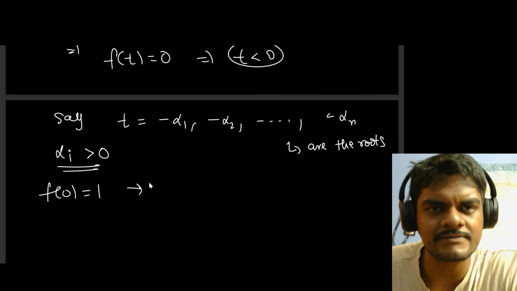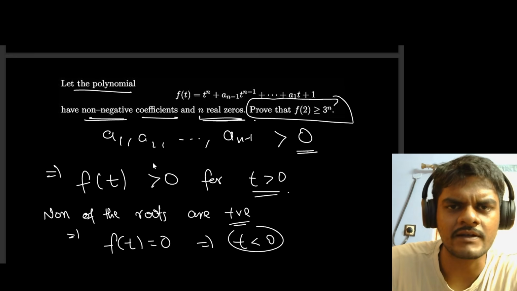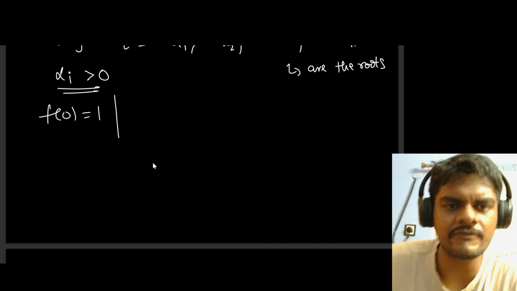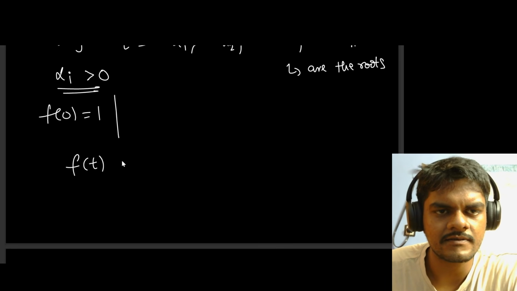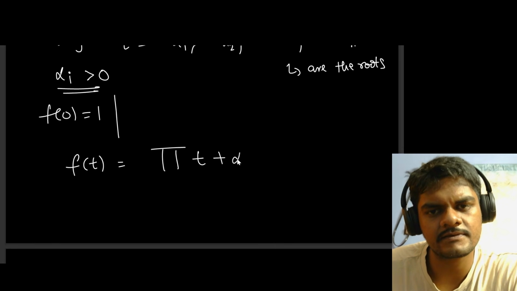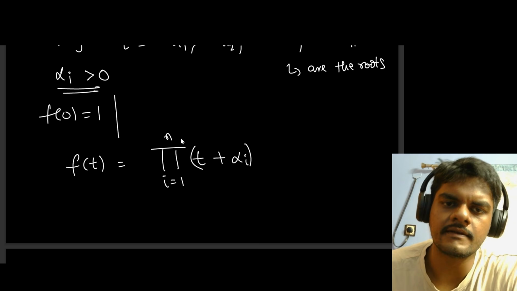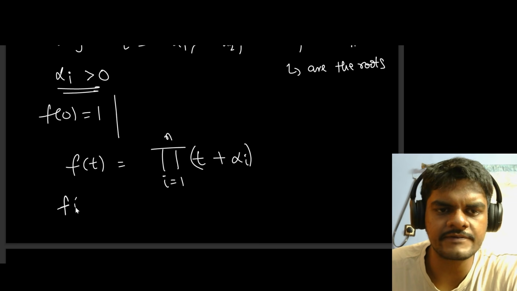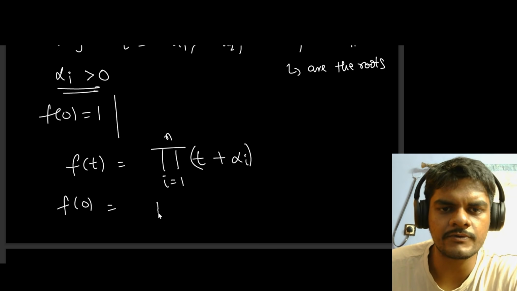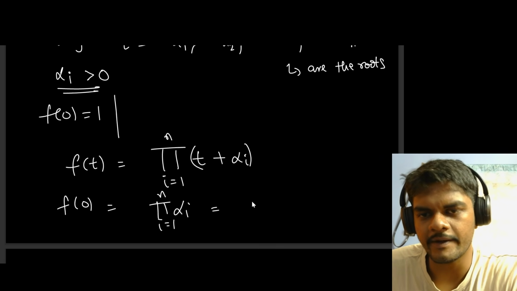So what is f of x, by the way? Since the leading coefficient is 1, t power n. So f of t, I can write it as the product of t plus alpha i, i varies from 1 to n. So f of 0 is equal to the product of alpha i, i varies from 1 to n, so that is equal to 1.